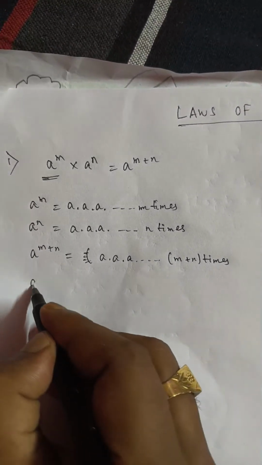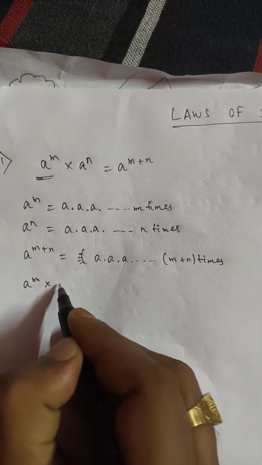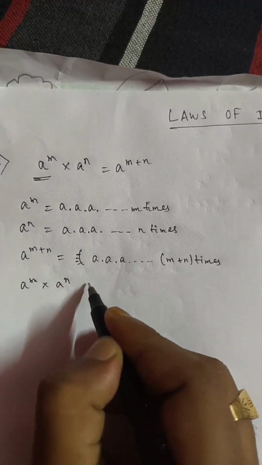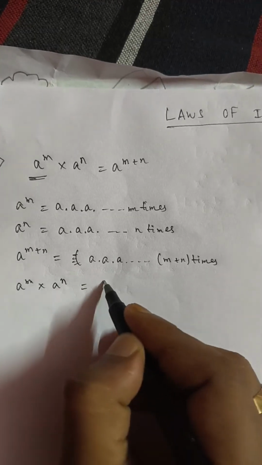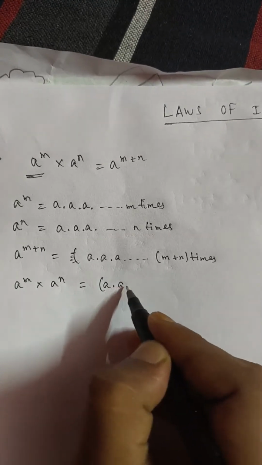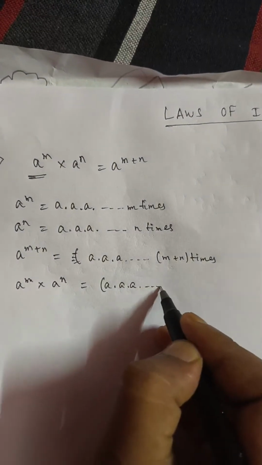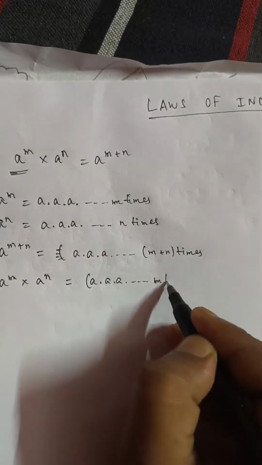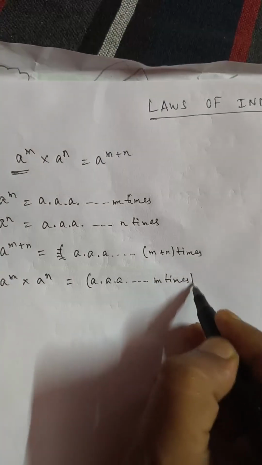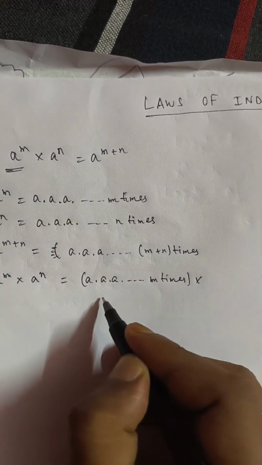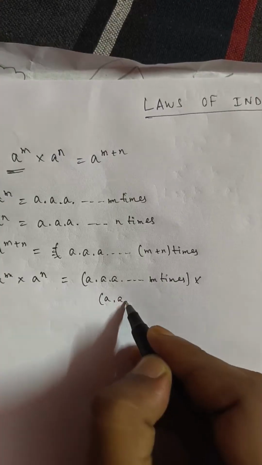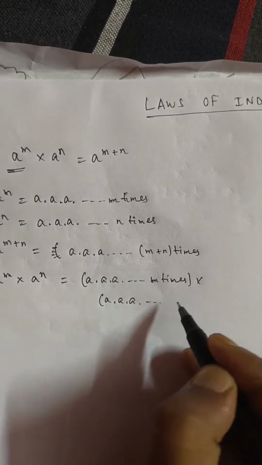So if we multiply a to the power m by a to the power n, we will get a multiplied m times, multiplied by a multiplied n times.